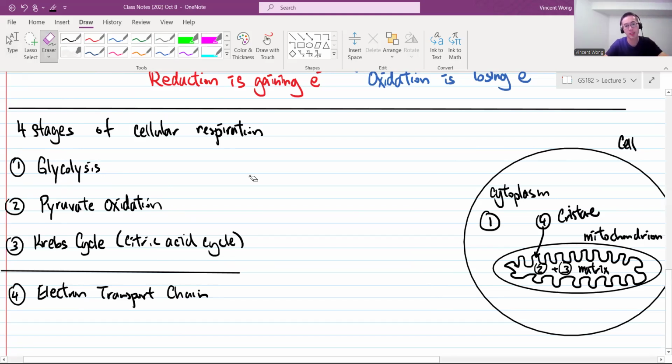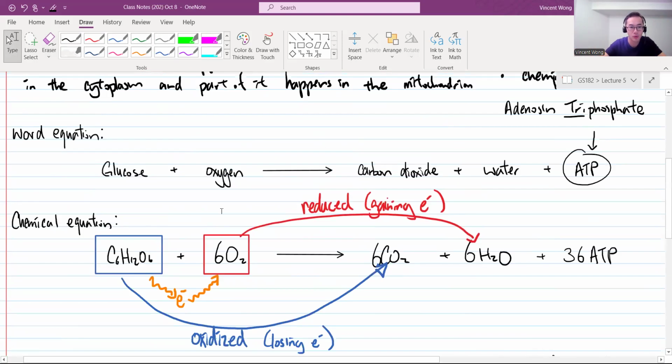Lots of stuff's going to happen, but the theme is that we are doing a redox reaction, okay? And in this reaction, we are oxidizing glucose, which means we are going to be ripping electrons from glucose. Now, these are not ordinary electrons. These are electrons that are packed with energy.